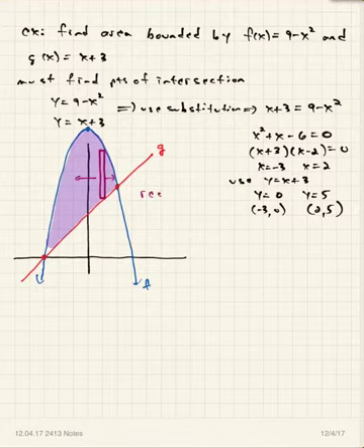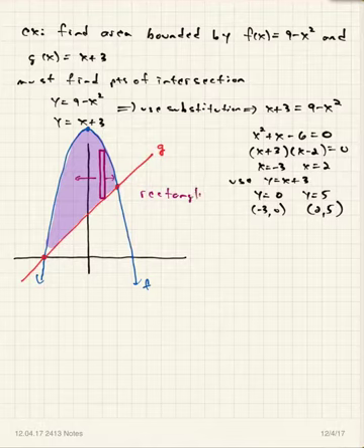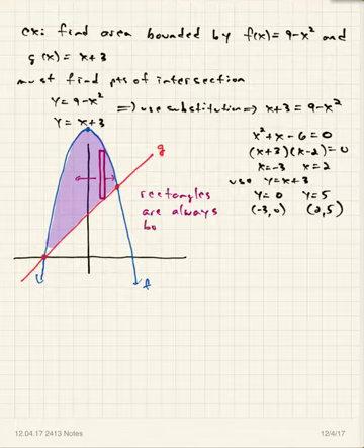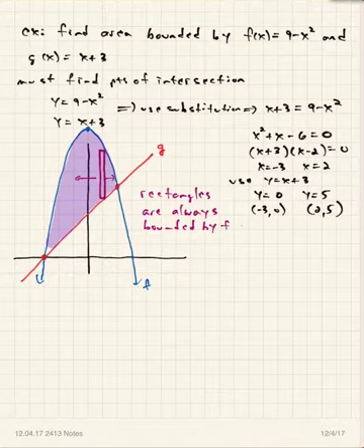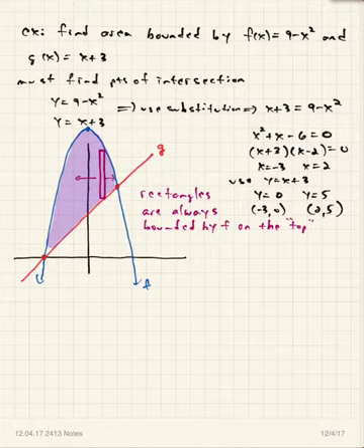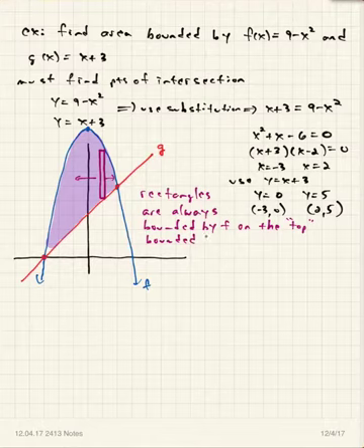So that's a good thing. Rectangles are always bounded by F on the top, right? So that's going to be our upper curve, and bounded by G on the bottom.